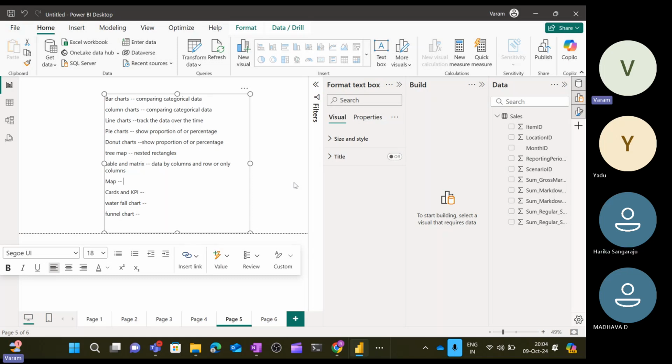Cool. So map is like to represent the data by location. For example, if you have states in the US, 51 states, and you are a US based company, and you want to see what sales is happening in which state, in how many states people are liking our project, how many states people are not aware of our project, how many states people are not liking our project.